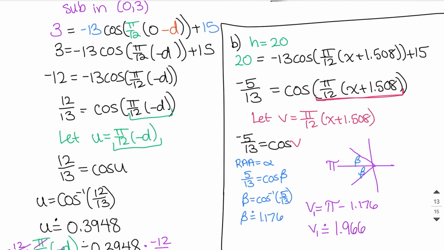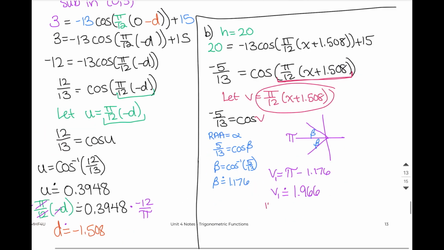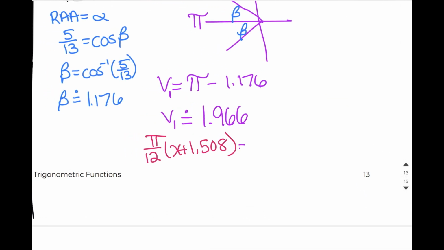So then, because v is equal to pi over 12 times x plus 1.508, I can replace that right here. And that's going to equal this 1.966.